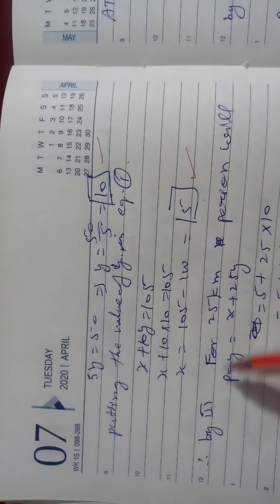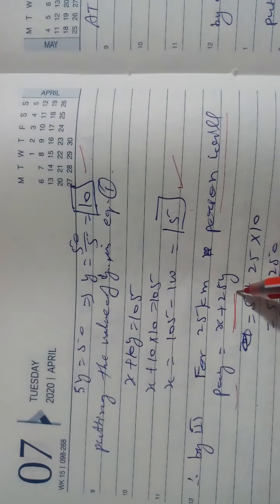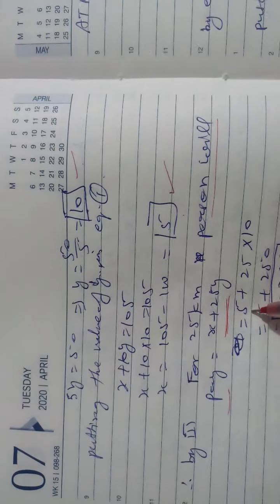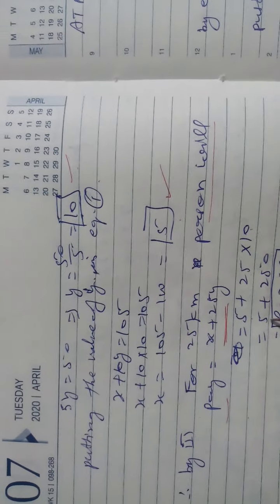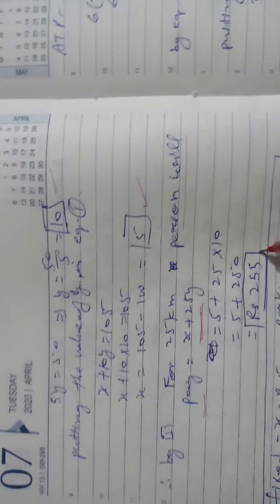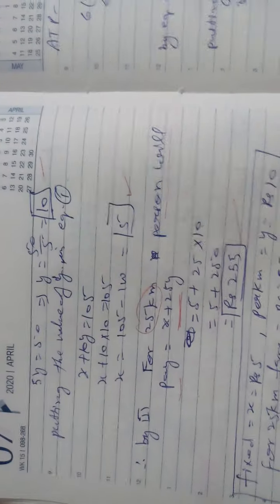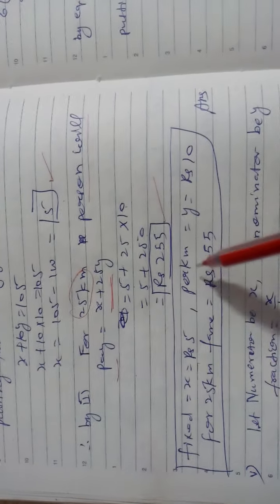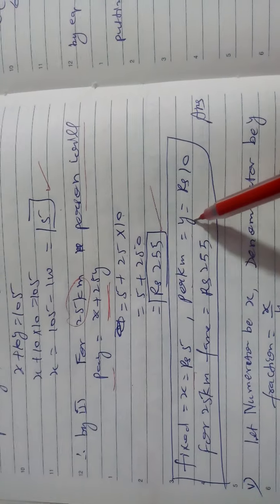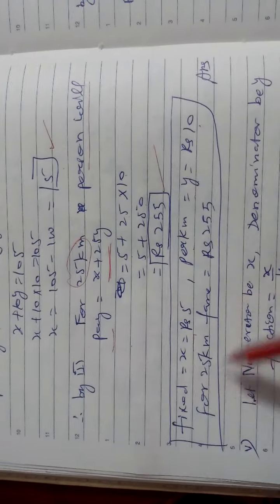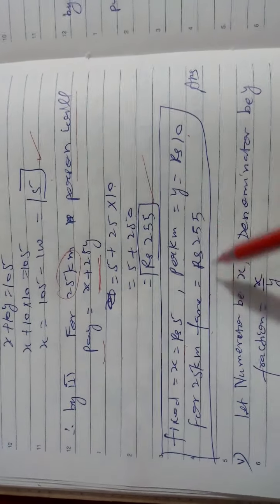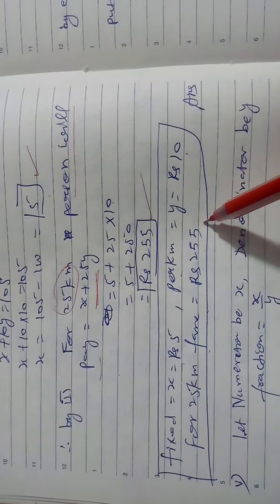For the third part, for 25 km the person will pay x plus 25y. So 5 plus 25 into 10, 250, so 255 rupees he will pay for going 25 km. So you have got the three answers: fixed charge rupees 5, per kilometer charge rupees 10, and the fare for 25 km is rupees 255.